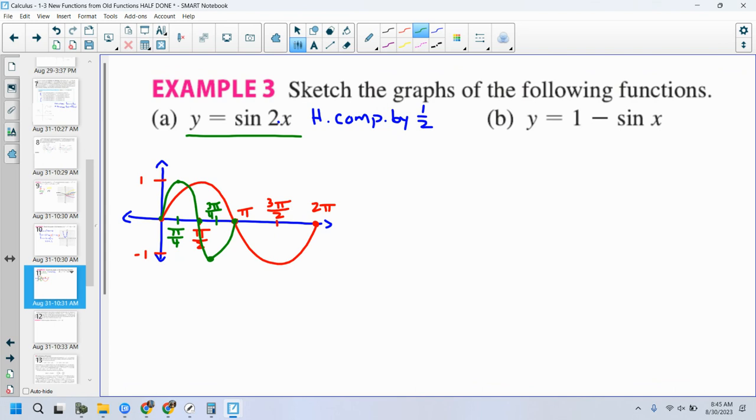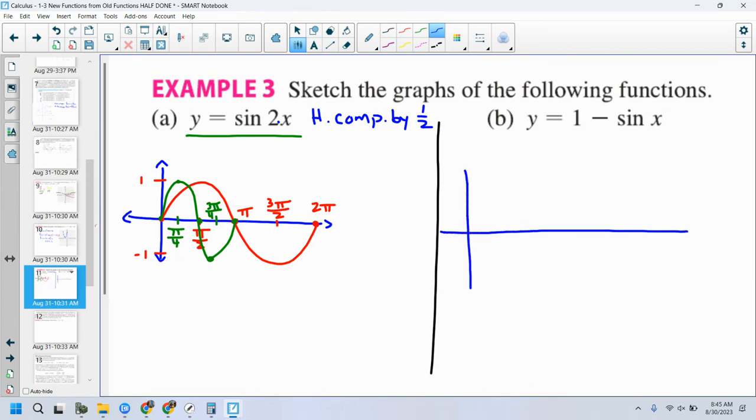All right, let's do that again. 1 minus sine x. I should really get my notes, or I'll screw things up here. I'll do it cold turkey. 1 minus sine x. Okay, again, my original is just sine x. We kind of went through that already. Let me put it in blue, just like the axes.